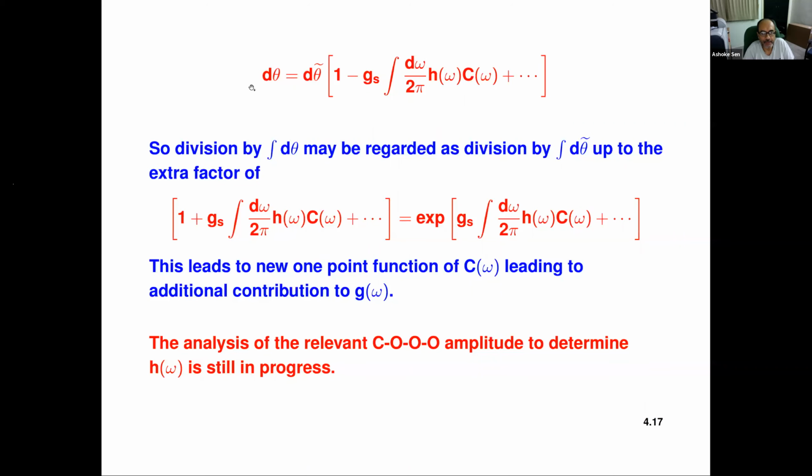Because you are supposed to divide by integral d theta, but what is simple is integral d theta tilde, because that you can drop. This is just a rigid U1 gauge group volume. That's a constant. That's why we want to transform to theta tilde. That's how you can drop this. But in that process, we get this extra factor that you have to take into account.